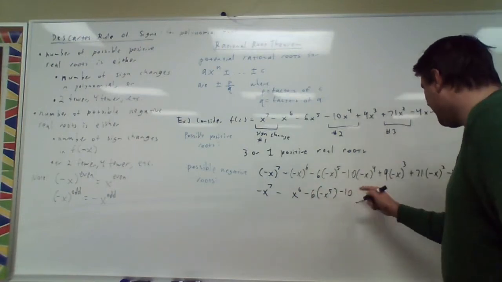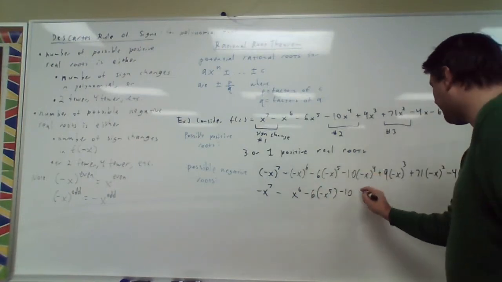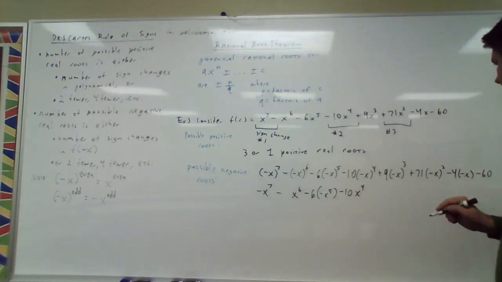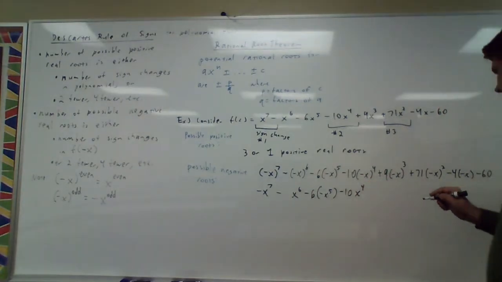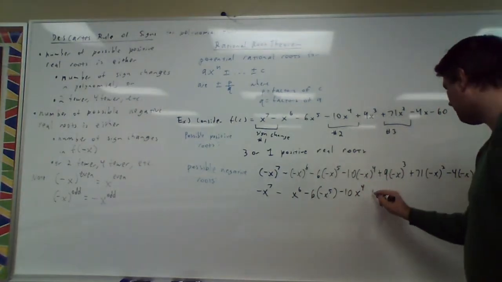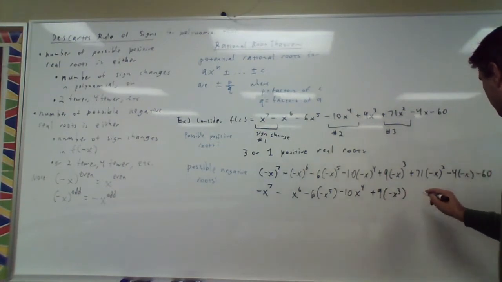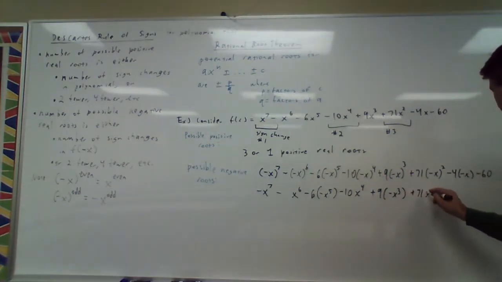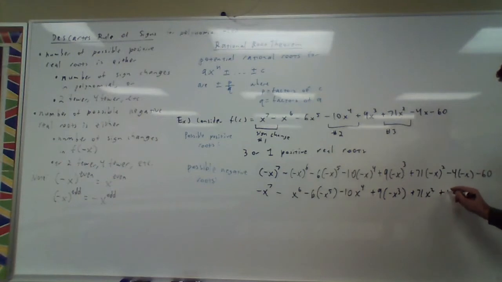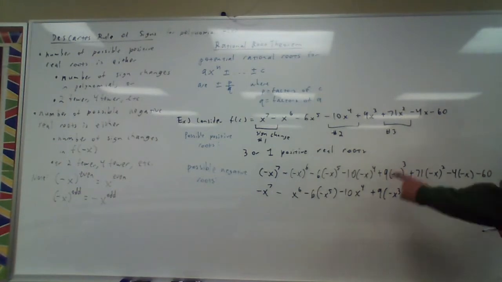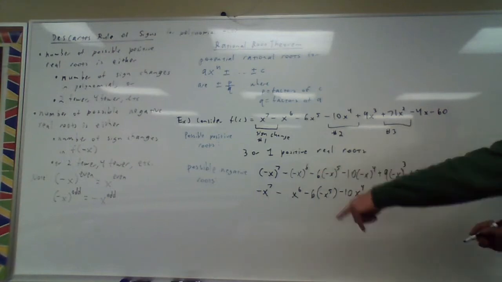Minus 10, negative x to the 4th will be positive x to the 4th, plus 9 times negative x cubed, plus 71 times x squared, plus 4x minus 60. And then I'm going to clean this up.